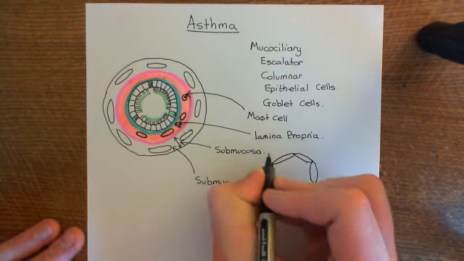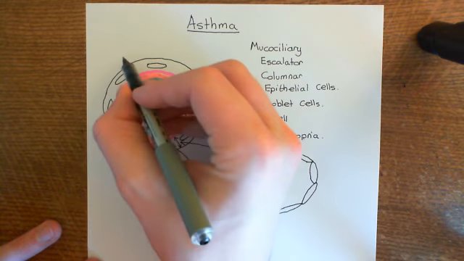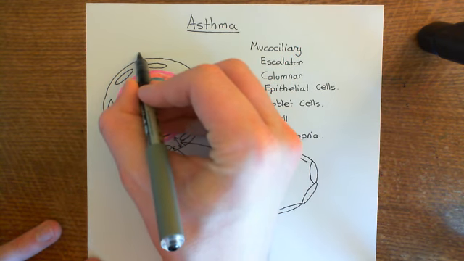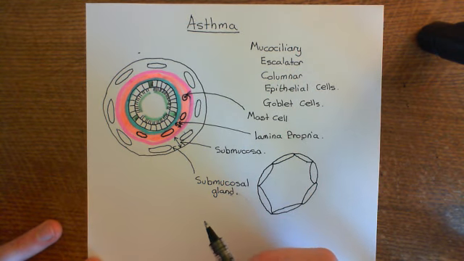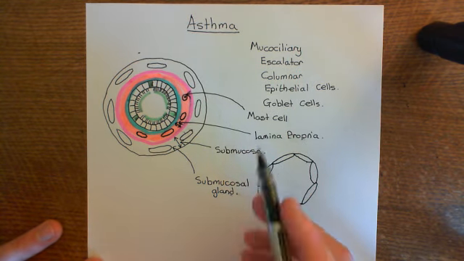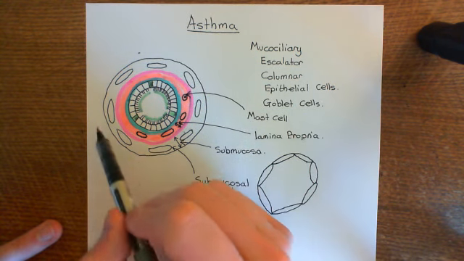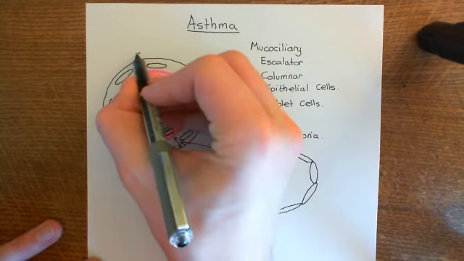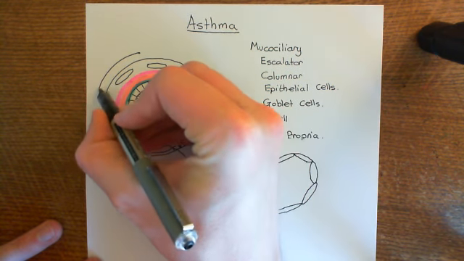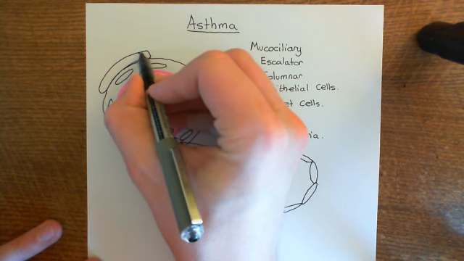Right, then, surrounding the submucosa, what you then have is cartilage. Okay, so you don't have one entire confluent layer of cartilage surrounding the entire bronchus. Instead, if you look at it in cross-section, what you'll have is sheets or plates of cartilage.